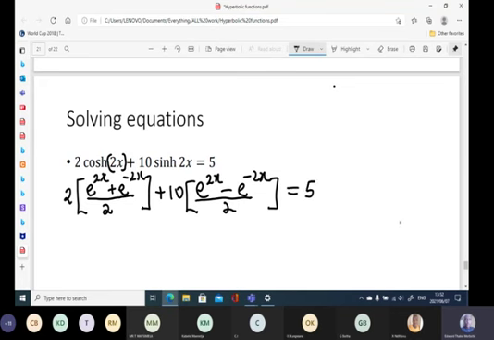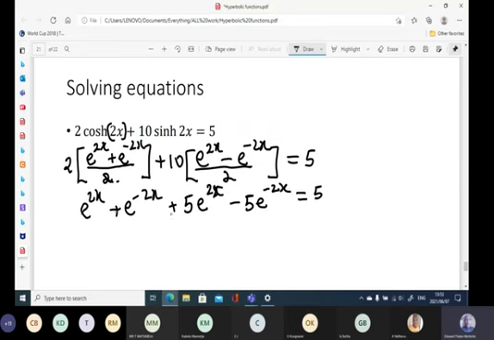So from here, it will depend on how you approach it. Some students can just cancel out 2 by 2 and 10 here, and then try to simplify. So we get e to the power 2x plus e to the power minus 2x, minus 5 e to the power minus 2x.